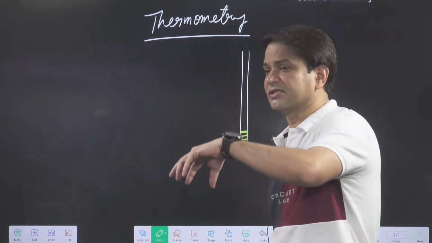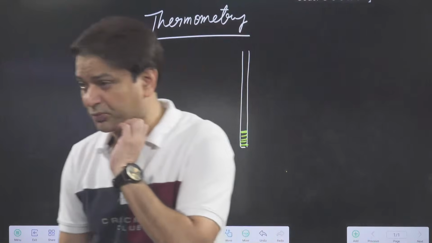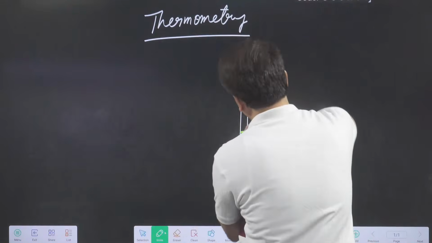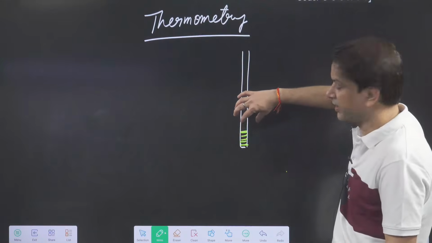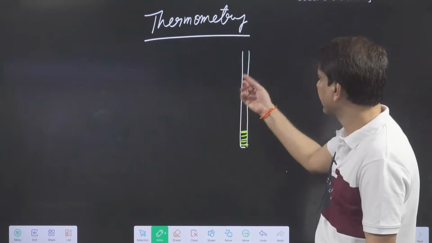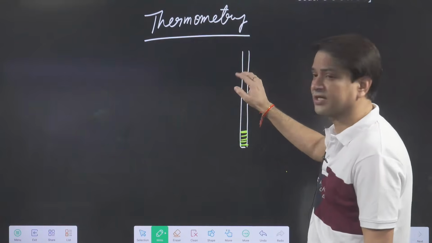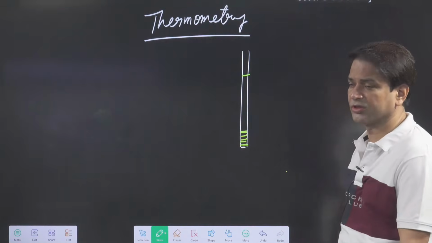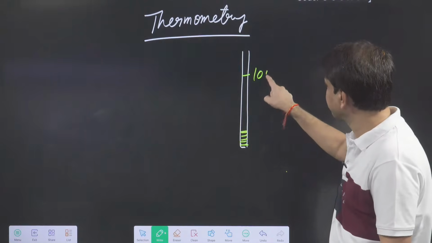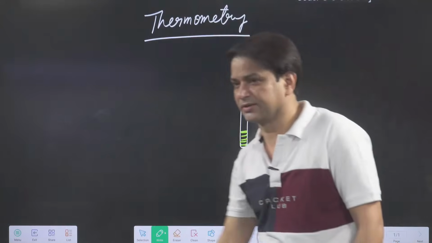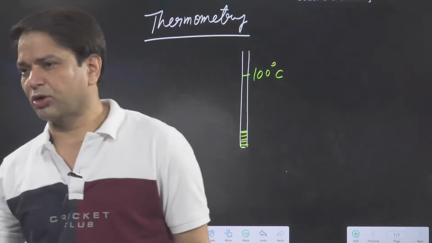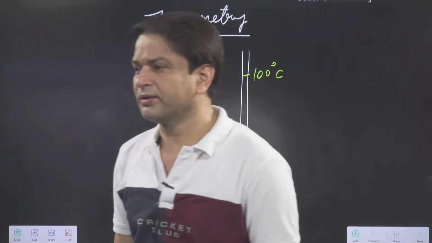In the Celsius scale, we know that it is 100 degrees C. So when the mercury temperature becomes 100, it will expand and rise. Suppose at 100 degrees C it rises up to this level. This we will mark as 100 degrees C, because here the temperature of the mercury is equal to the temperature of the boiling water.